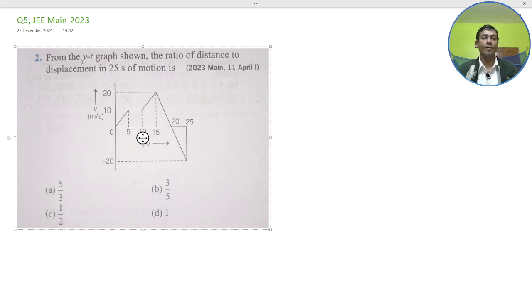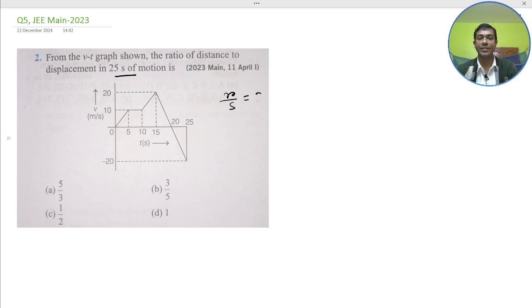Next one, coming in JEE Main 2023. From the v-t graph shown, find the ratio of distance to displacement in 25 seconds of motion. Displacement is written as s and distance is written as x, or in general r by s.